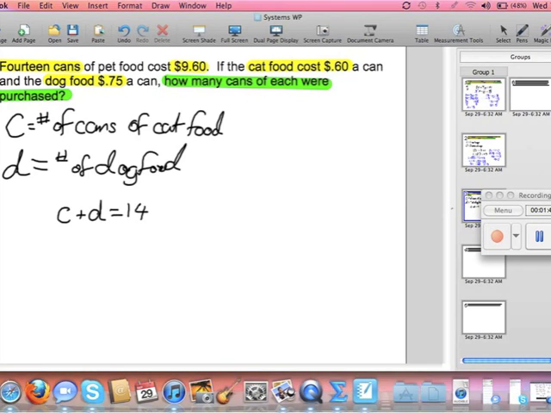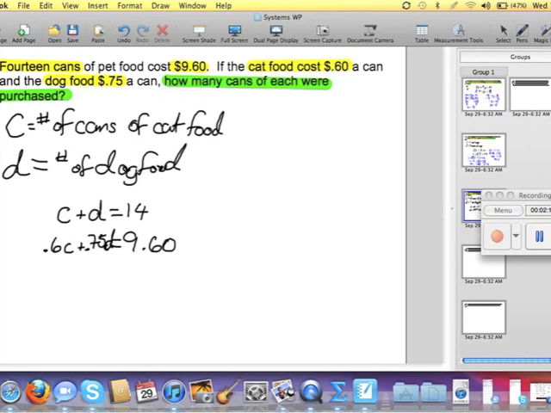We know that this costs $9.60. The total value of my cat food is 60 cents per can, and for my dog food is 75 cents per can. So I have C plus D equals 14, and 0.6C plus 0.75D equals $9.60.